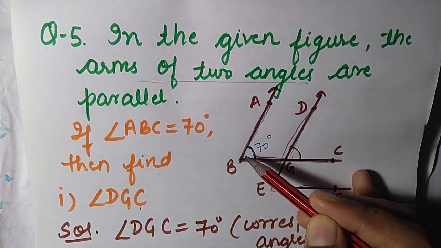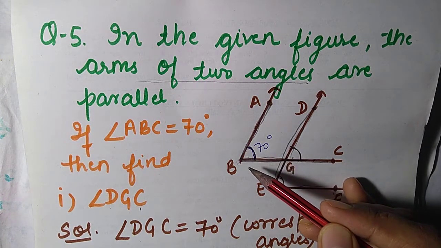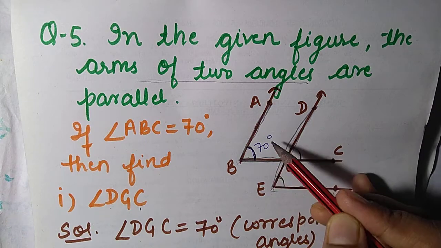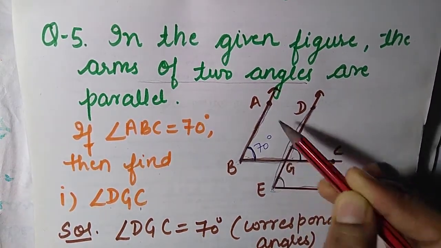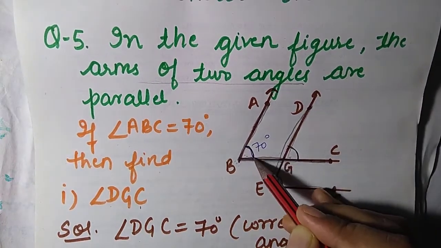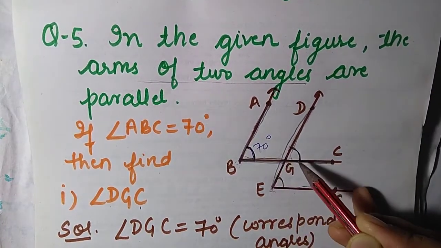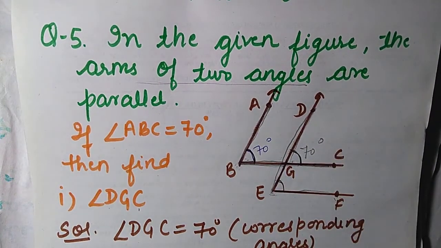Transversal means it is a line which intersects two lines at two different points. So BC is intersecting DE and AB at points B and G. It means these are corresponding angles. So this is also 70 degree because it is given that the lines are parallel.